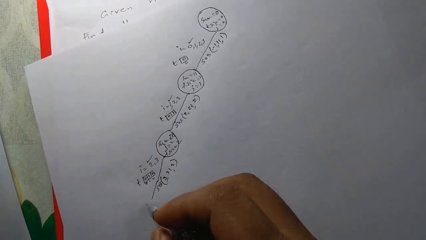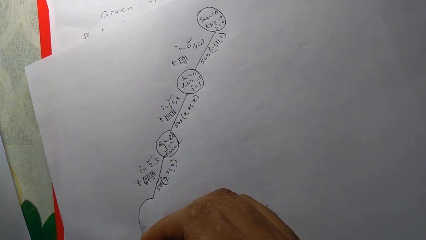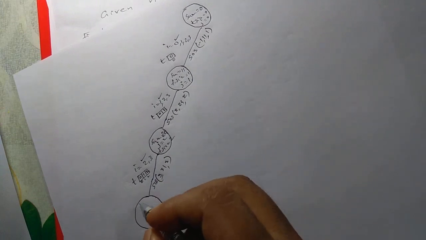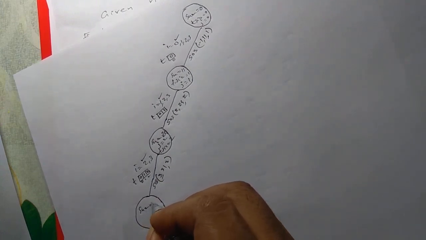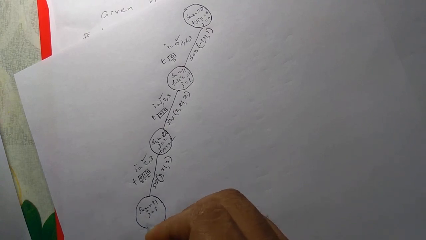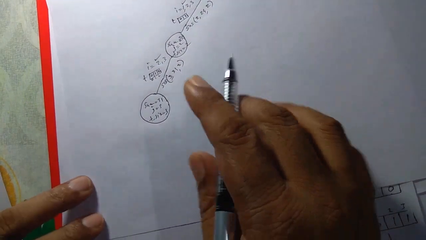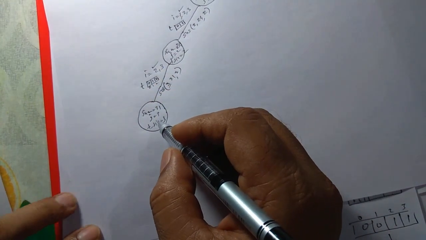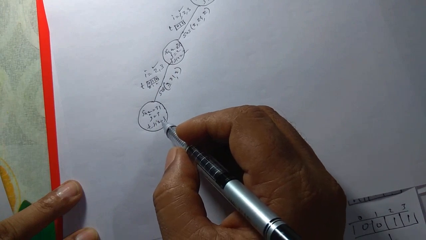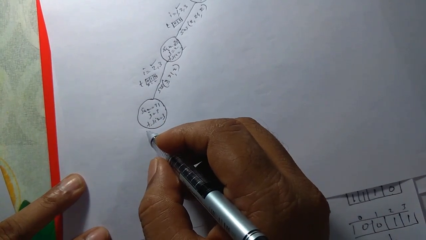Okay, it has generated the next instance with sum equal to 31, j equal to 3, t underscore size equal to 3. What does it have to do?